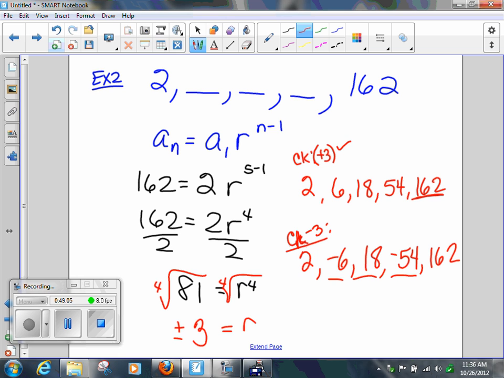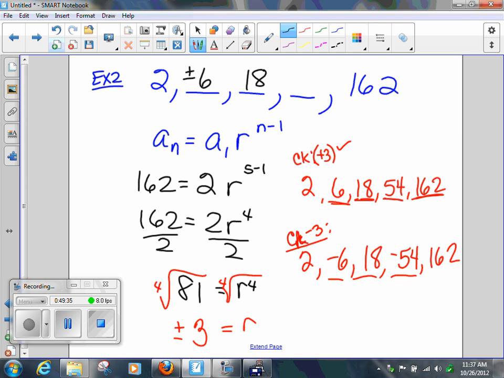How would we fill in those blanks? Are every one of those going to be plus or minus, though? No. This is the tricky part. Look at the 3 blanks. What's the 6 have to be? Plus or minus 6. It can be either of them. What does the 18 have to be? It has to be positive.